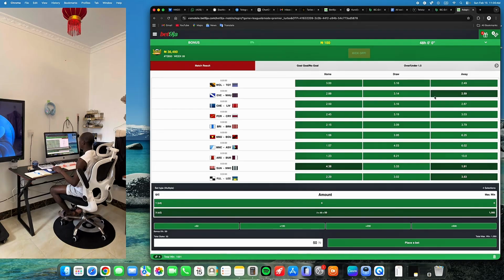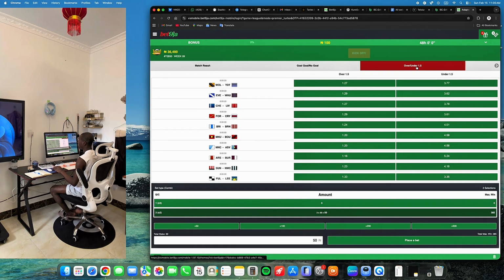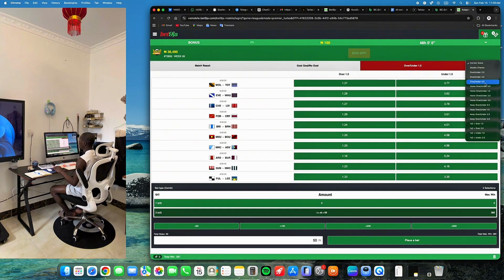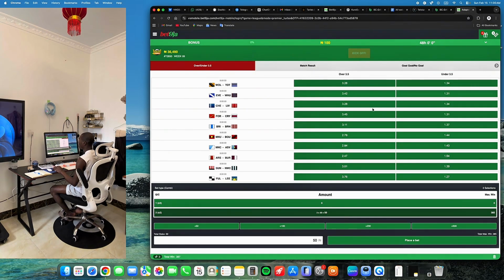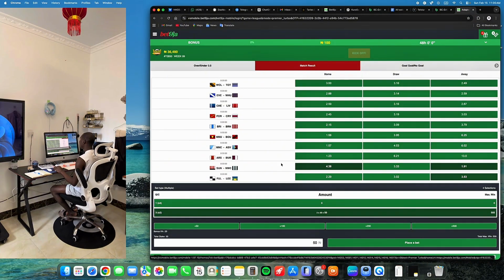Okay, so this particular game we are going to play it under 3.5. You come under 3.5. Now the odd for under 3.5 is 1.3. You can see, right?